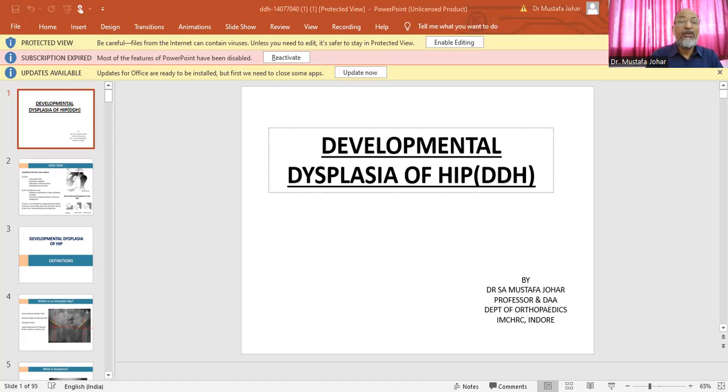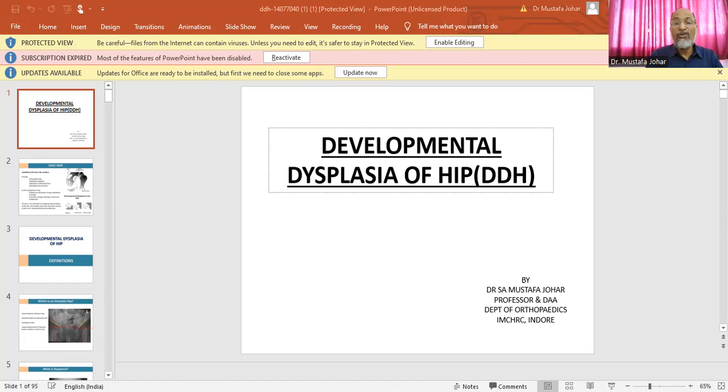Then the dislocation or DDH can be teratologic or it may be typical. Teratologic is a fixed dislocation at birth with limited range of motion at the hip. During gestation, the hip is at risk for dislocation during the 12th week, when the lower limb rotates medially, and during the 18th week, as the hip muscle develops.